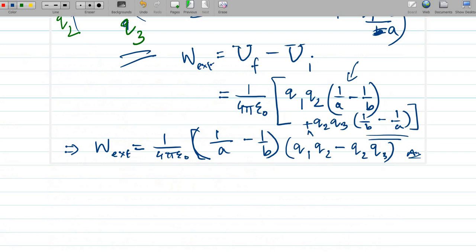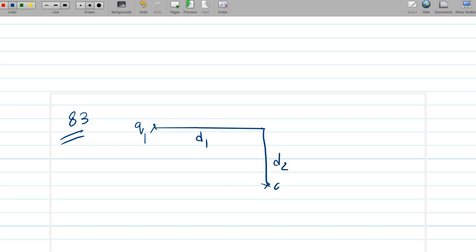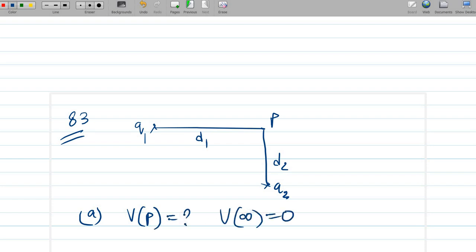So let's do that. Let's go to the new page. 83, right? Yeah. So this is D1, this is Q1, this is D2, Q2, this is point P. So question number A, what is the V at P, given that V at infinity is equal to 0?